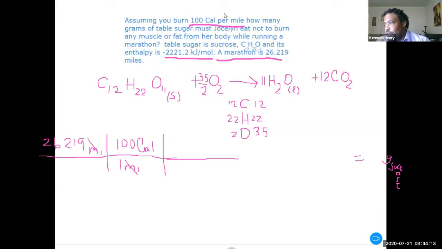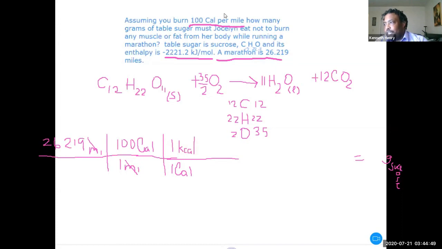Okay, so how many capital C calories will equal 1,000? Are you sure? No, isn't it 1 kilocalorie is equal to 1 calorie? Okay. It's 1 kilocalorie is equal to 1,000 calories. Okay. There we go.